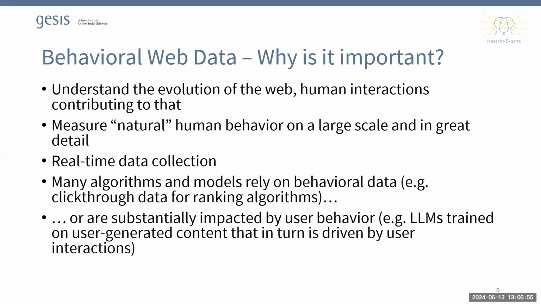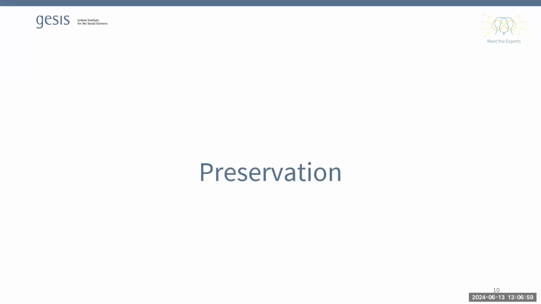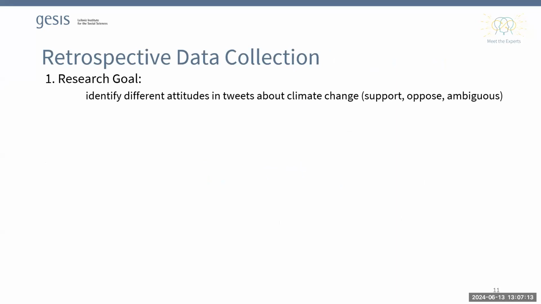So we've seen that this type of data is very important, and the Twitter data set I'm talking about today is also behavioral web data, and we'll next ask the question why we actually need to preserve it, because usually if you're in research, you might know this way of collecting data.